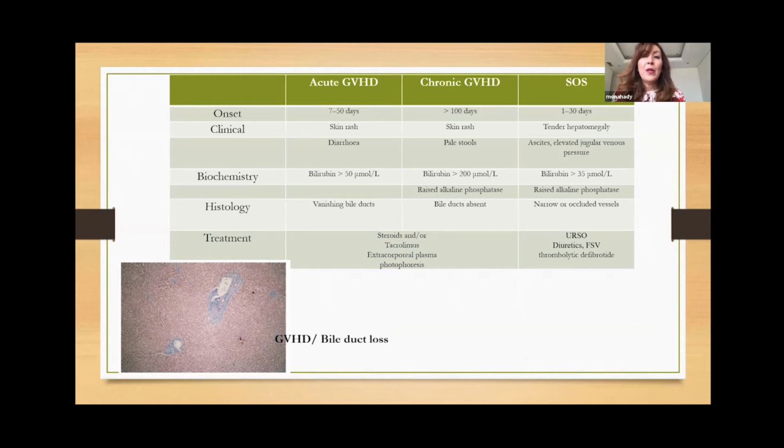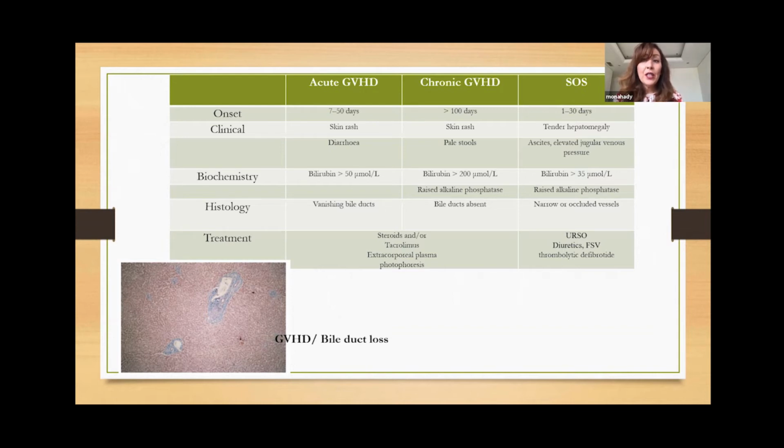As the majority will be cholestatic, it's sometimes difficult to distinguish, and ideally we would like a liver biopsy if the condition and the coagulopathy allow. Characteristically, there is bile duct involvement in GVHD, with complete loss of bile ducts in the chronic cases, as you can see from the slide at the corner. Whereas with SOS, there will be narrow or occluded vessels characteristically.